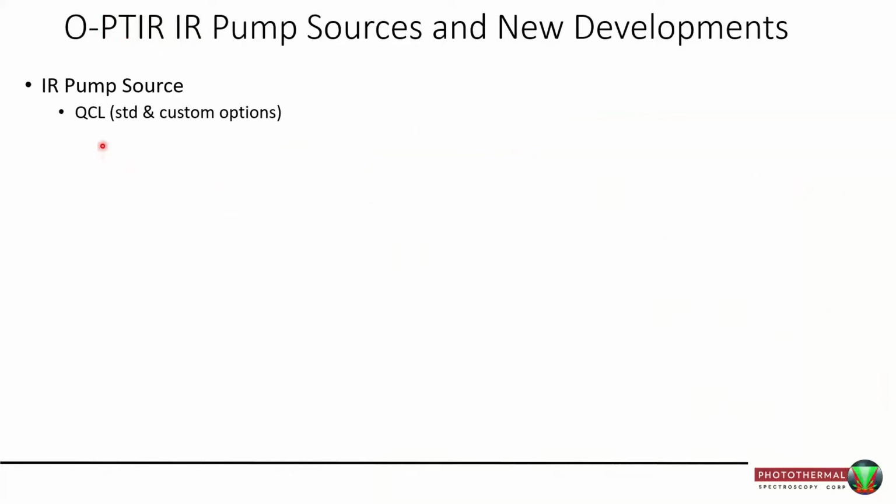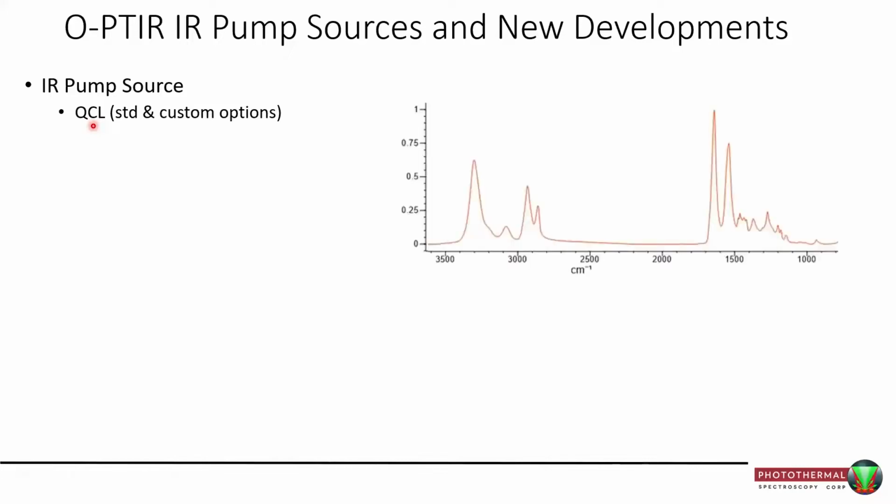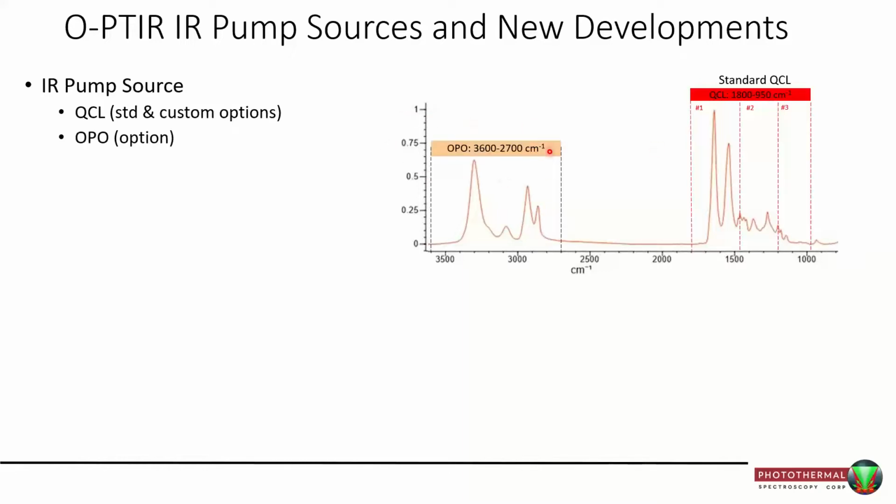Over the last few months, there have been some exciting developments, especially on the QCL front, because QCLs are an emerging, ever expanding and growing technology. On the QCL side, the standard QCL that we offer is a 3-chip device from 1800 to 950, covering the bulk of the infrared. If you're interested in the high wave number range, the OH-CH-NH region, there's a separate additional OPO pump laser.